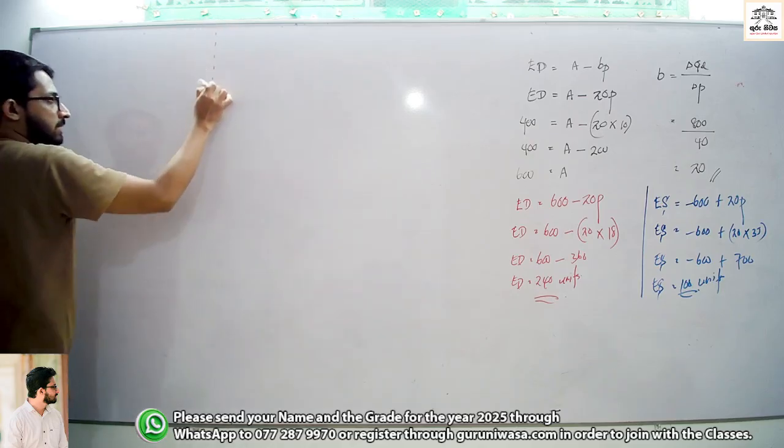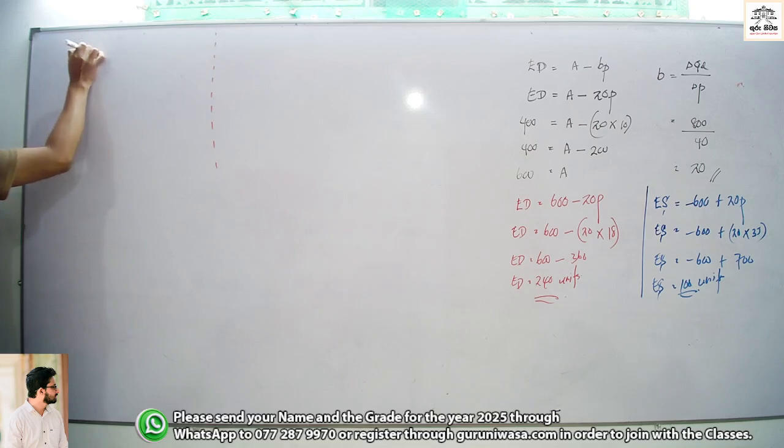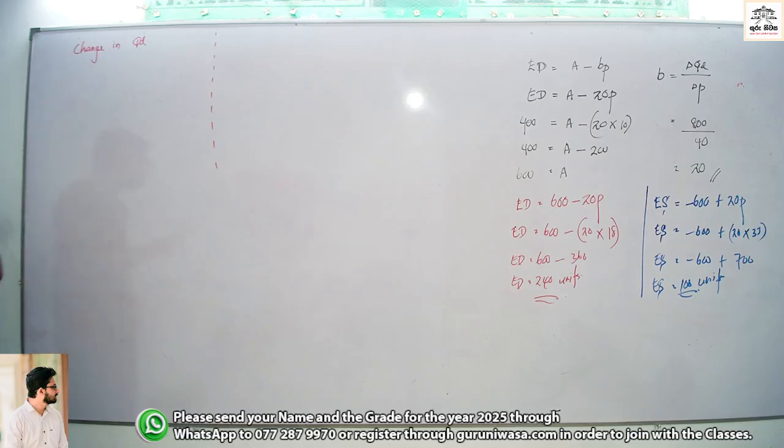There are two concepts. The first one is change in quantity demanded, QD. What causes change in quantity demanded? Changes in the price of the product itself, the concerned good. Here the demand curve does not shift, but points move along the demand curve.